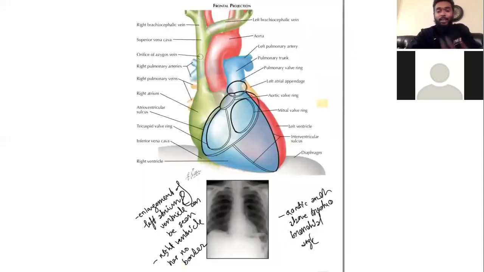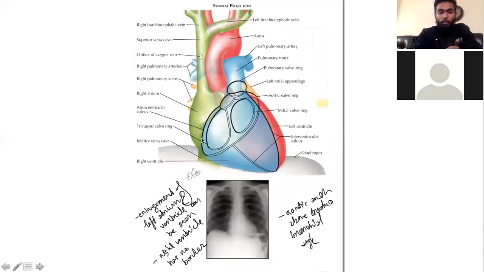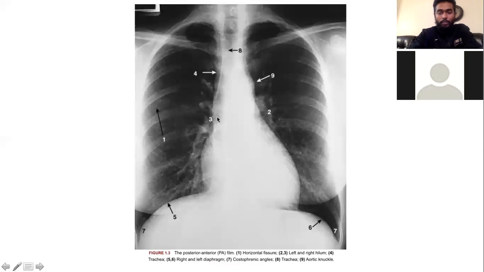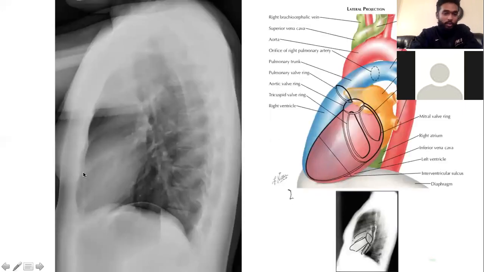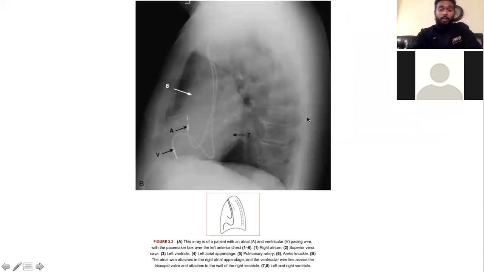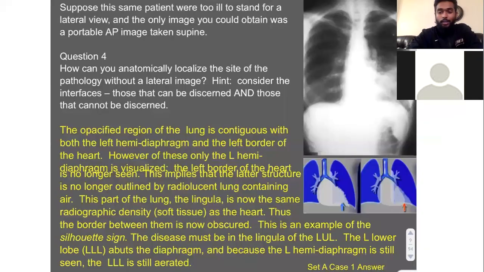Fibrosis is easy. Just know what each border has: right atrium, SVC, concave areas, left atrium, left ventricle. Laterally, this is the right ventricle and left atrium. Right here I drew the right ventricle outflow tract. Just know that, and I think that is all you need at the end of the day for the silhouette sign, and so on and so forth.